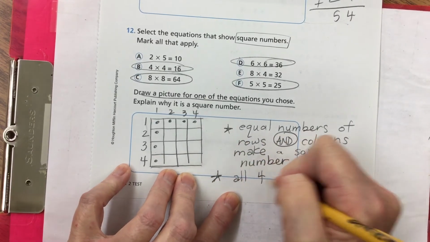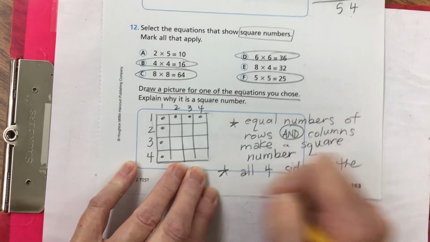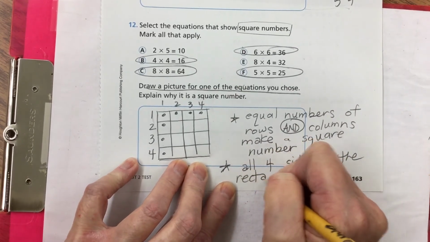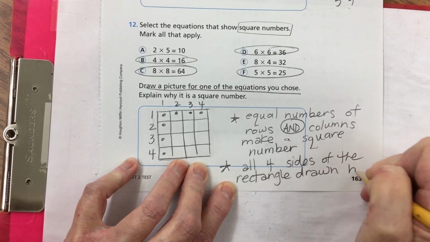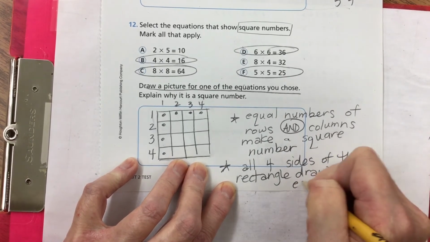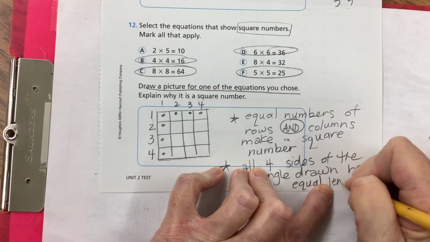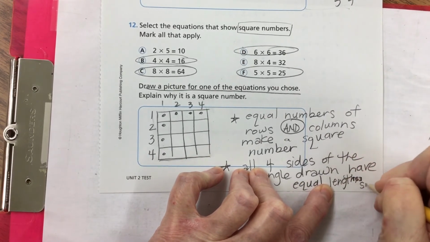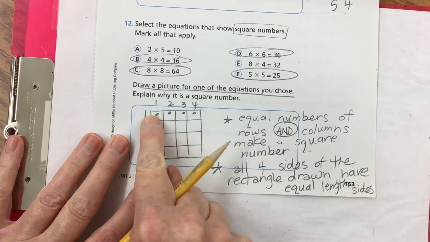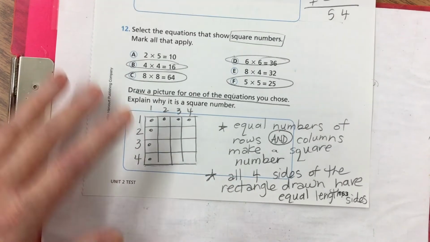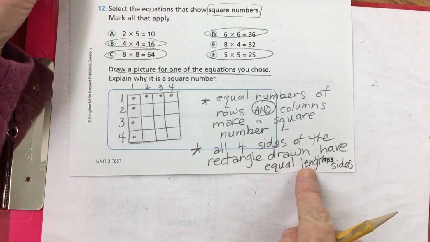All 4 sides of the rectangle drawn have equal length sides. Running out of room. This is an important one right here, though. The same number of rows and columns form square numbers. But you may have also said that.